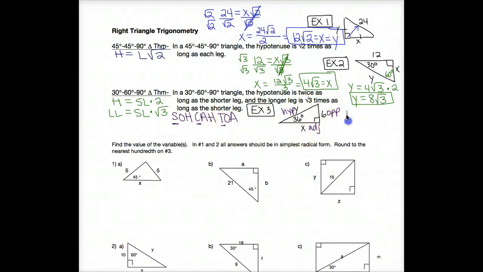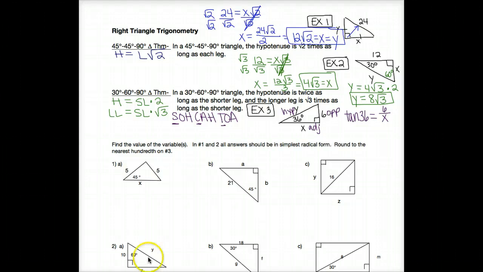So we set it up: tangent of the angle, just 36 degrees, equals opposite, because tangent says opposite over adjacent, opposite, which is 6, over adjacent, which is x. And so I'm going to solve this now for x.